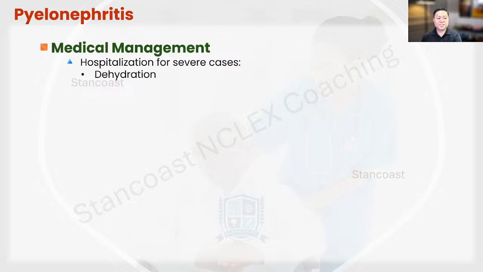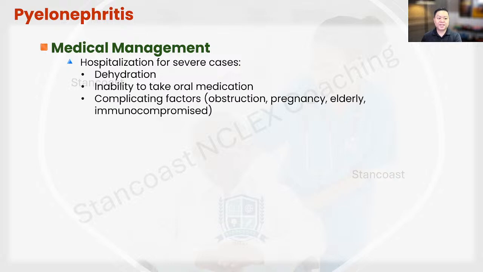Now, another is the initiation of the IV antibiotics as well, especially during the admission. So usually in the ED they're going to start the antibiotic, and we're going to have to follow through with the succeeding doses. This is done early on to combat the infection effectively.